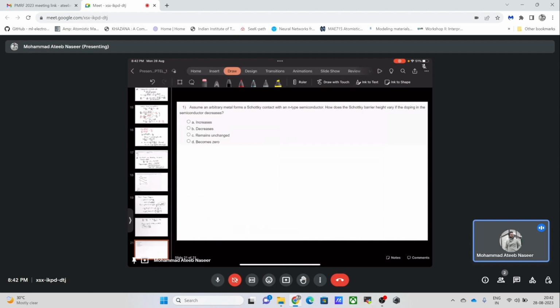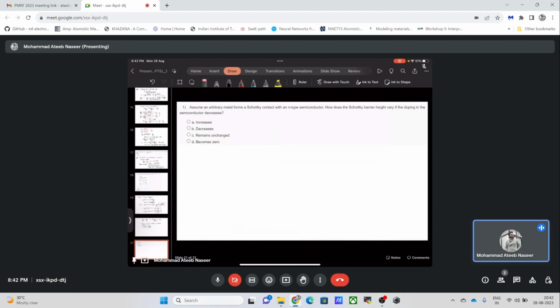The Schottky contact will offer some resistance to the carriers that are trying to move at this metal semiconductor junction, and the ohmic contact will allow the carriers to move freely from the metal to semiconductor or semiconductor to metal.